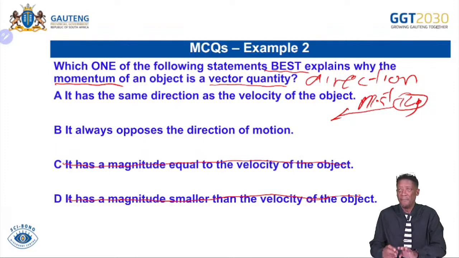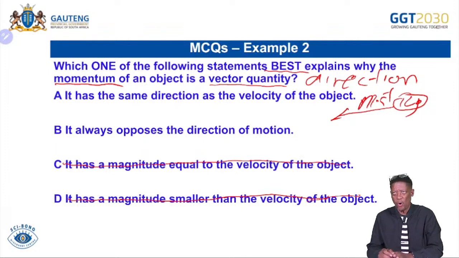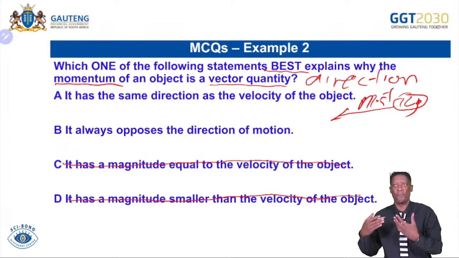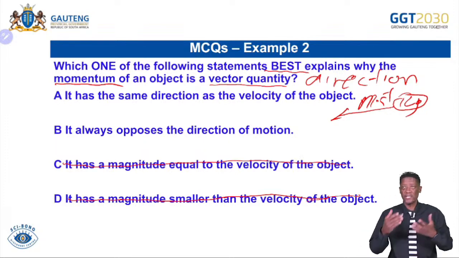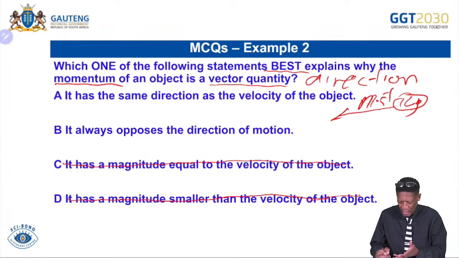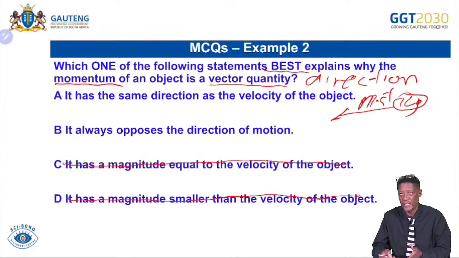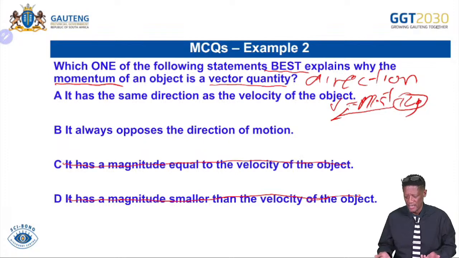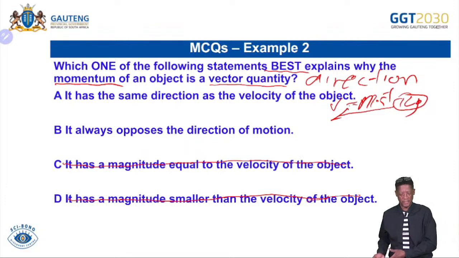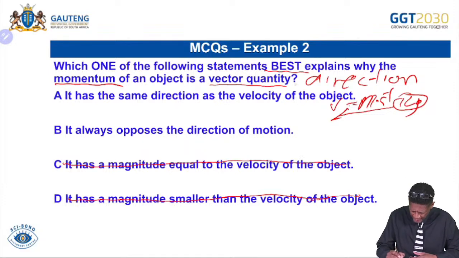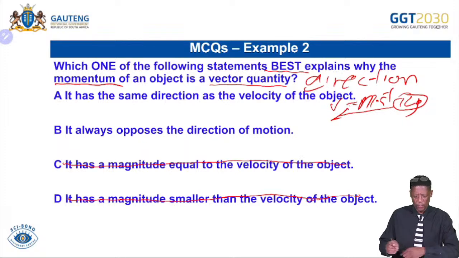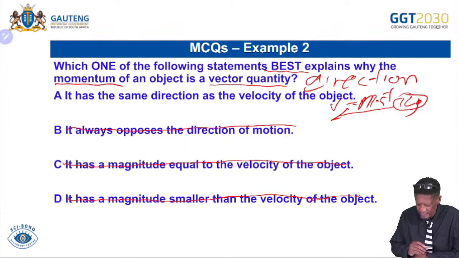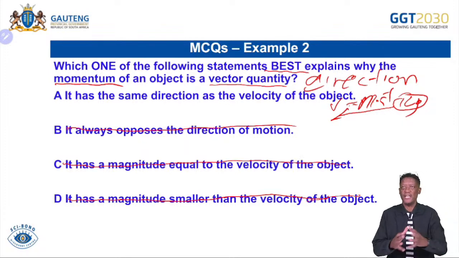Kilogram meters per second is momentum, right? So the object is moving in the direction of what? Of the velocity. So which is the correct statement? The correct statement will be A. So B is wrong.